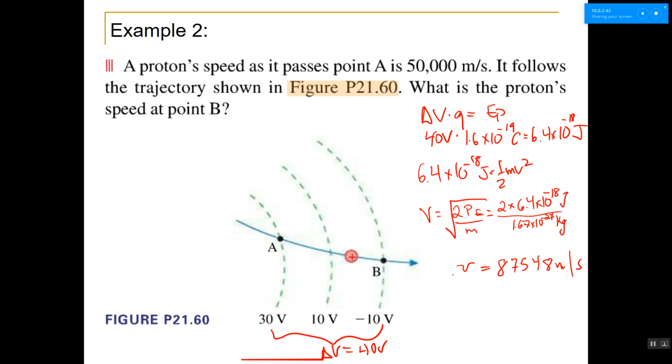Now, is this the final velocity of it, or is this the delta velocity of it? That's the delta. That's how much velocity it gained. So you actually have to add the initial velocity to it to find out what its final velocity was, right? So that's going to be 87,548 meters per second.